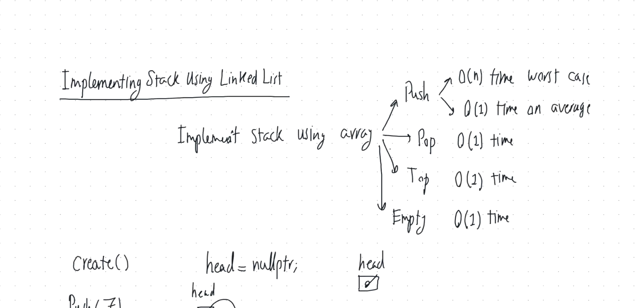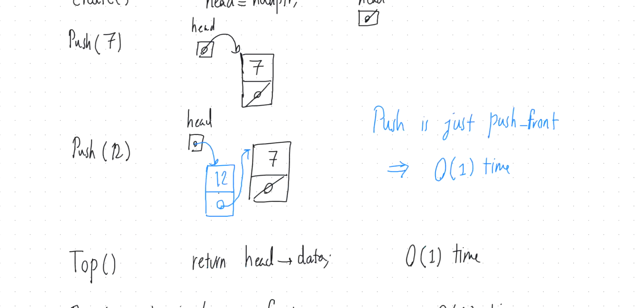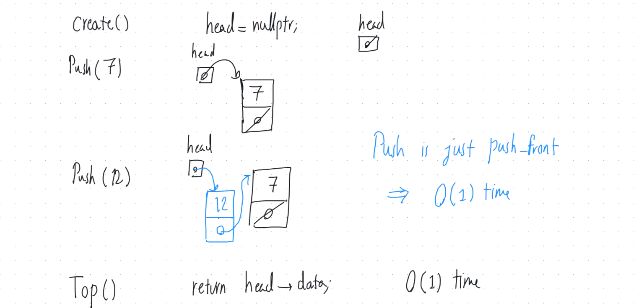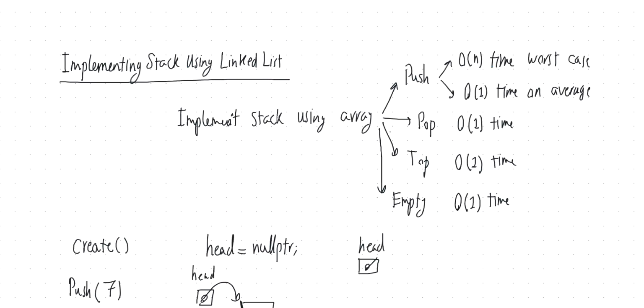So to summarize, what we can say is that in terms of the time complexity, this is faster because everything is constant time. So asymptotically, everything is faster. There is no average case. It's just in the worst case, everything is constant time. Whereas in the previous implementation, we have this worst case linear time.